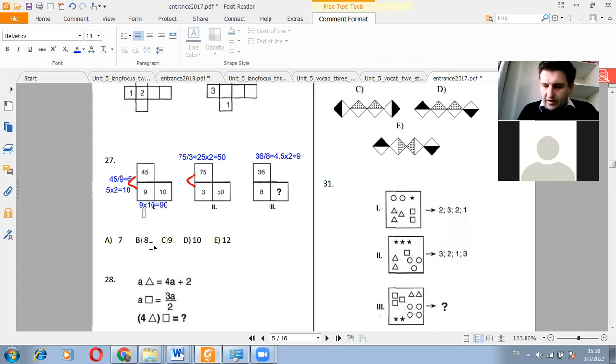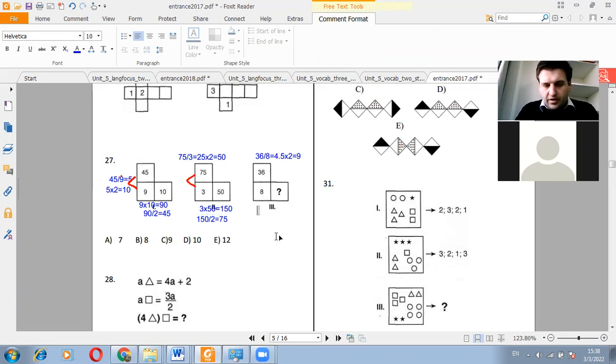Then 90 divided by 2 equals the top number here, 45. Same goes here: 3 times 50 equals 150, and 150 divided by 2 equals 75.